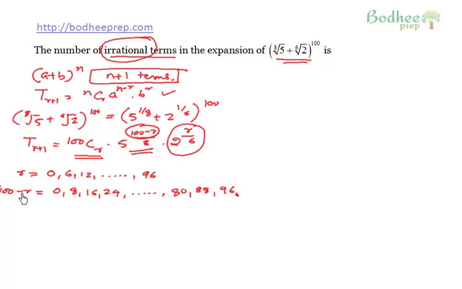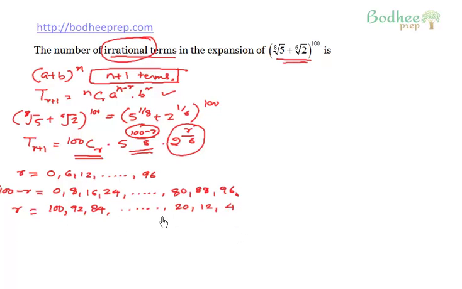For this, let me find the value of r. If 100 minus r is 0, then r would be 100. If 100 minus r is 8, then r would be 92. If it is 16, then r would be 84. And so forth till the last, which will be 20, then 12 and 4.